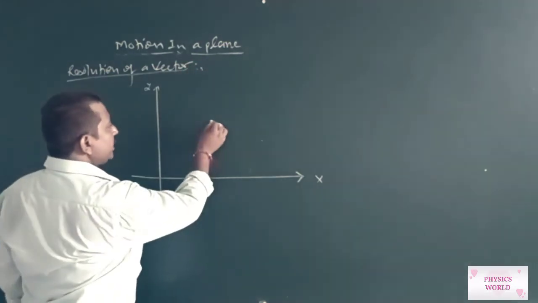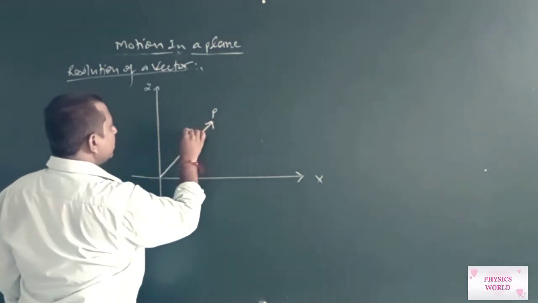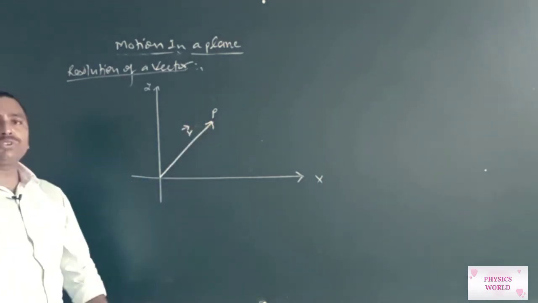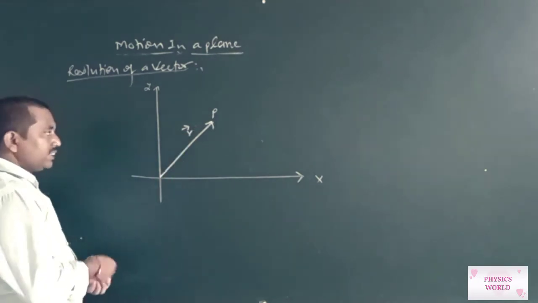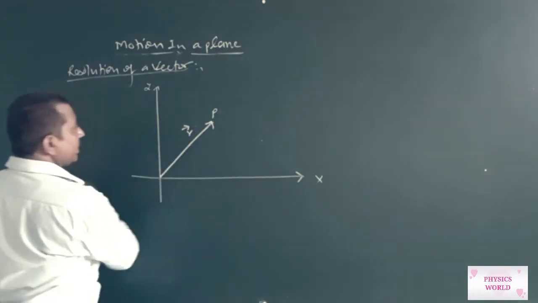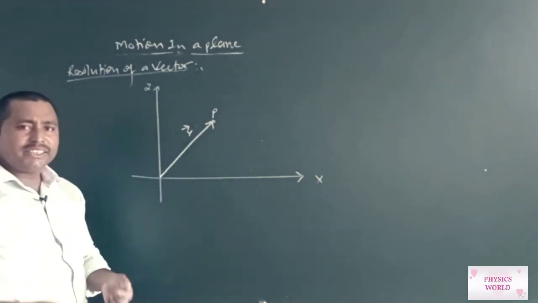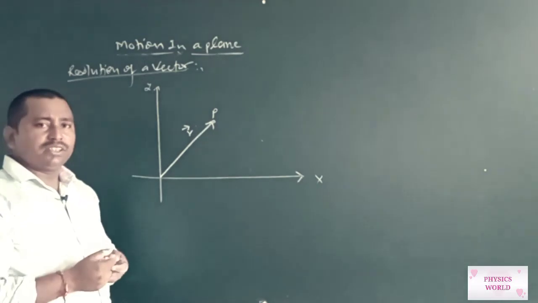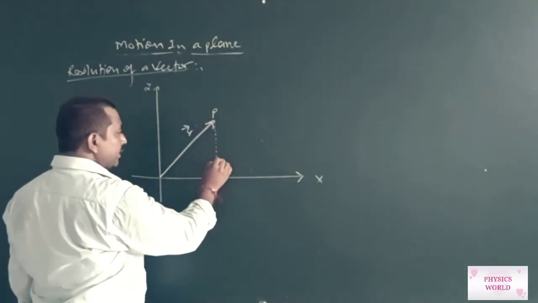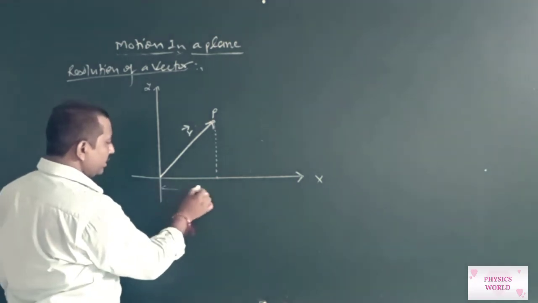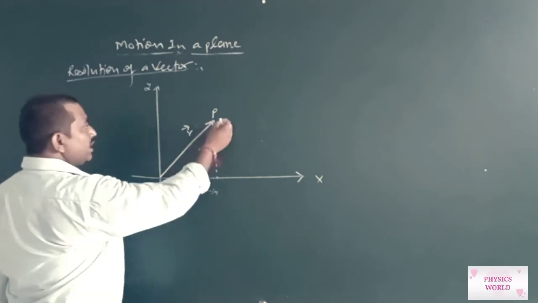Suppose here is a point P whose position vector is R. If we want to resolve this vector R in terms of x and y, that is, to know the position coordinate of this point P, we draw a perpendicular on the x-axis, and the length on the x-axis from the origin is x.